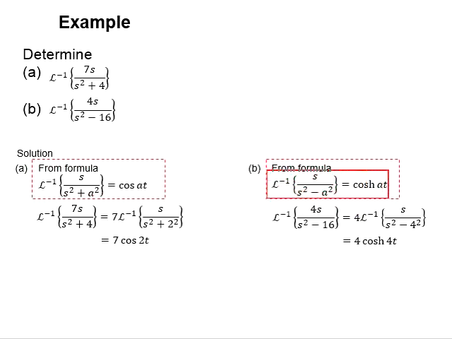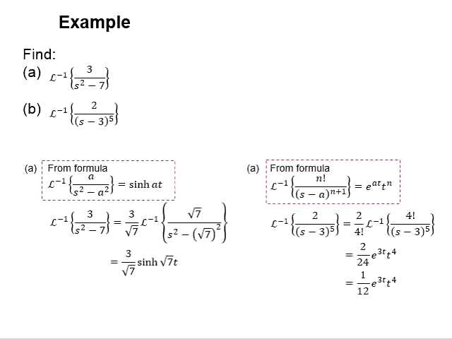This is the inverse Laplace transform of cos at. Move the constant 4 out of the Laplace transform. Now the structure of your function perfectly matches the question given, and your final solution will be 4 cos 4t.